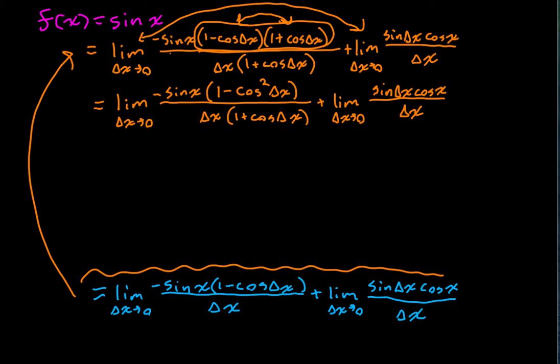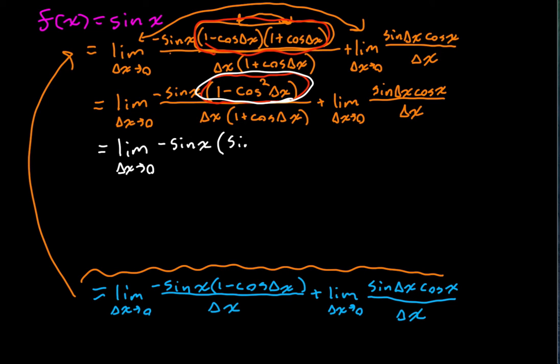Okay, so why did we turn this, which we had up here, into this? Well, if you're familiar with trigonometry, you'll know that this expression here is equivalent to the sine squared of delta x. So this is going to be all equal to the limit as delta x goes to 0 of negative sine of x times sine squared of delta x divided by delta x times 1 plus cosine of delta x.